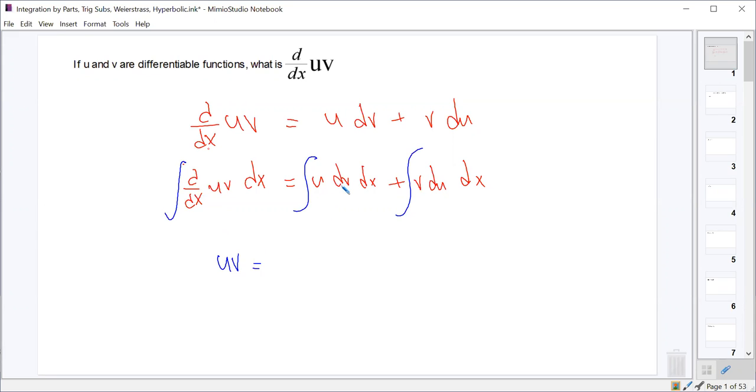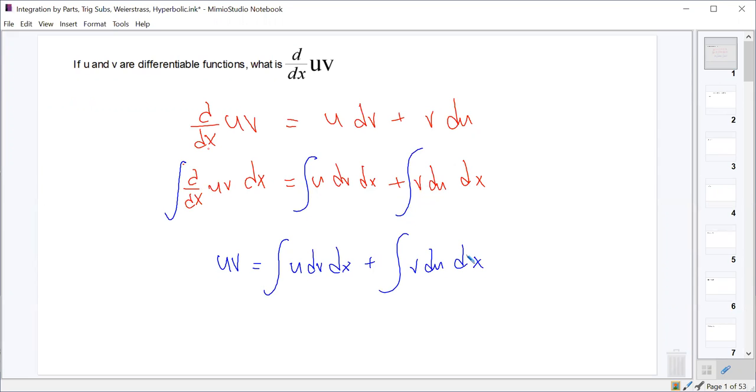If we're integrating u dv dx, effectively nothing happens. I can't integrate u if it's in terms of v or in terms of x. This is just the integral of u dv dx. And this is the same issue. I can't integrate this because I have v's and u's in here when I'm supposed to be integrating in terms of x.